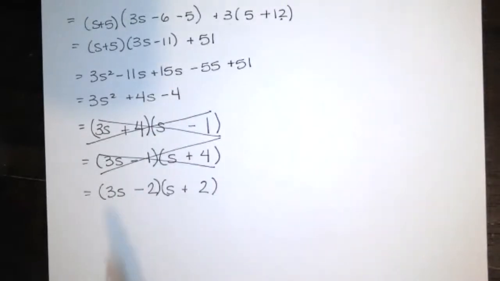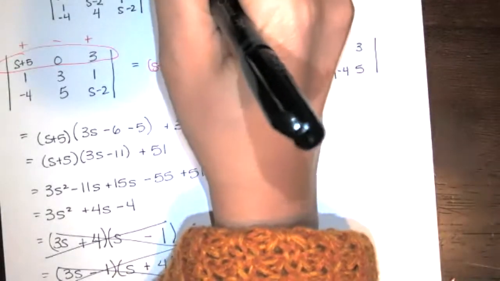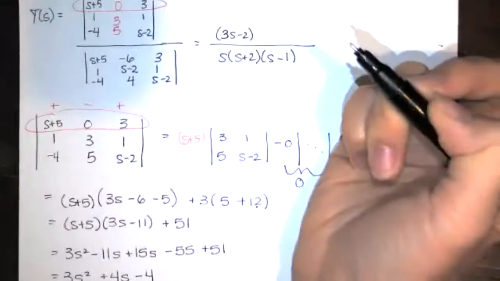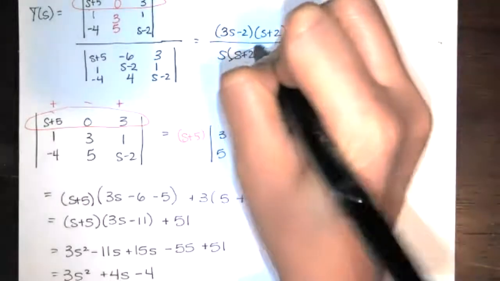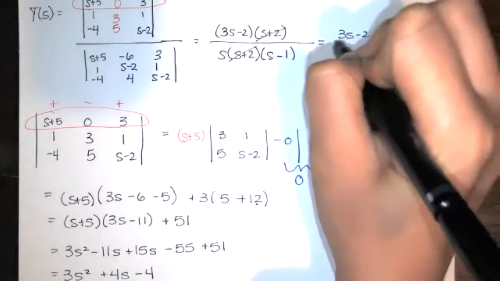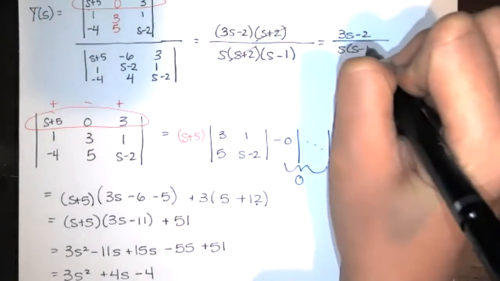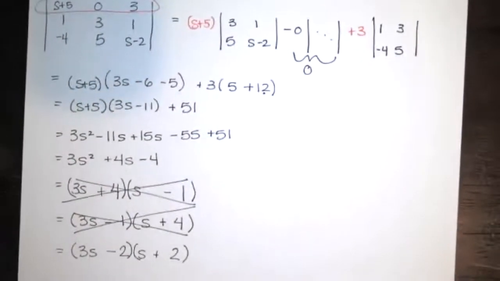Awesome. So that is the numerator for our y of s over here. So we have 3s minus 2 times s plus 2. And these guys reduce, and now we just have 3s minus 2 over s times s minus 1. Now you have some options with that.